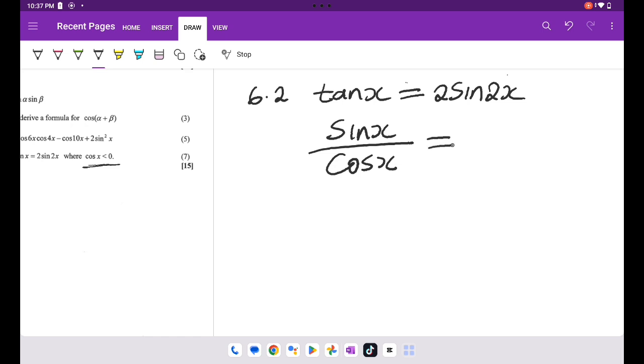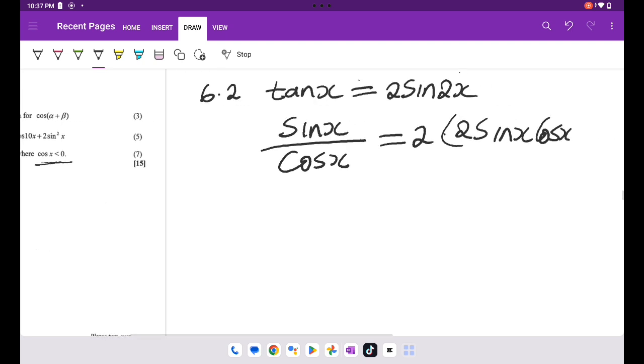So this equals 2 sine 2x, it's 2 sine x cos x. So it's a double angle of sine rather.